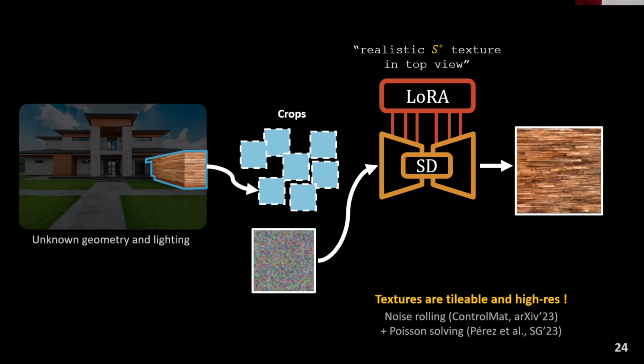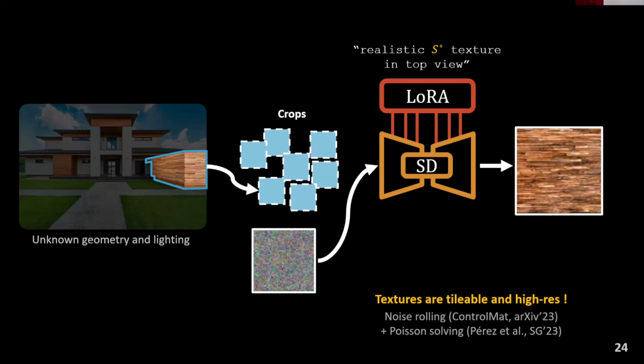Why tileable? We use a concept introduced by ControlMat and before by other papers, which is to roll the latent tensor by a random amount during the diffusion process. And we apply on top of that Poisson solving, which allows stitching together different texture images in a seamless manner.